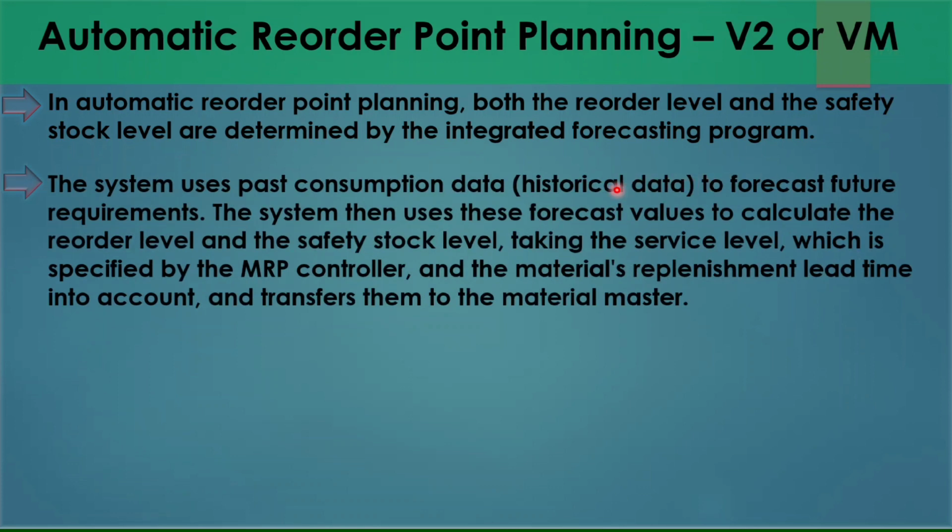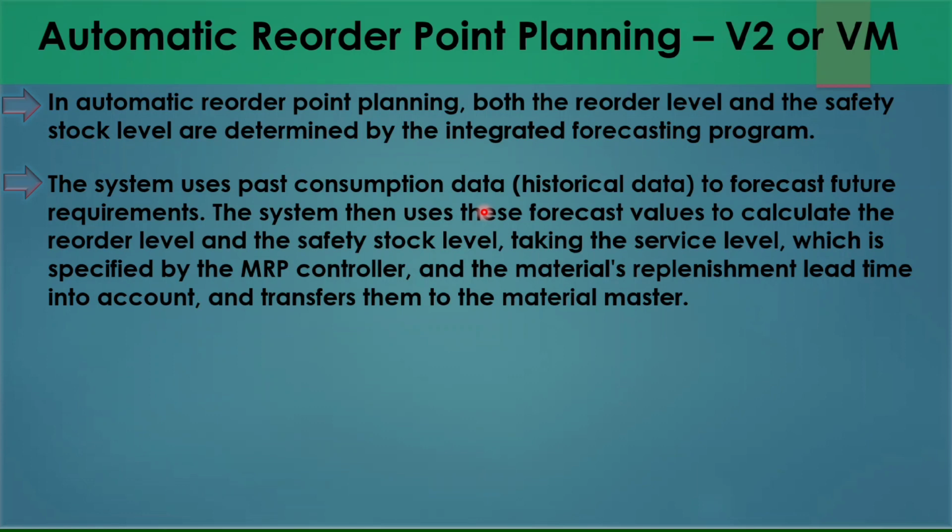We provide the historical data to the forecasting program, meaning what our consumption values were for the last particular periods or months, and accordingly the system will decide on a reorder point and safety stock. There are certain formulas as well for automatic reorder point that I will cover.